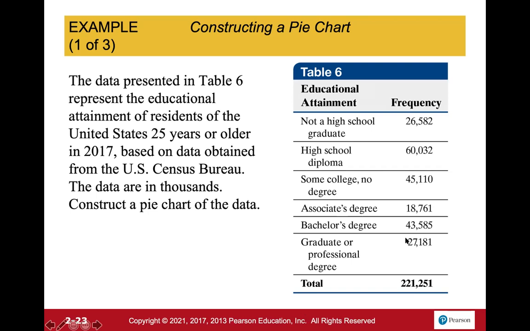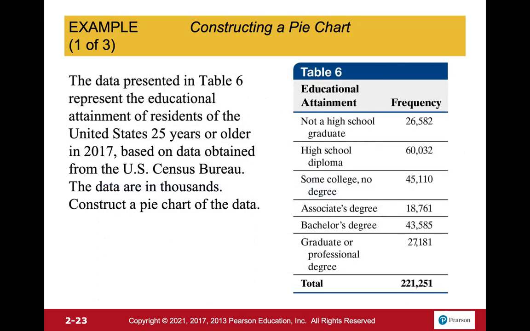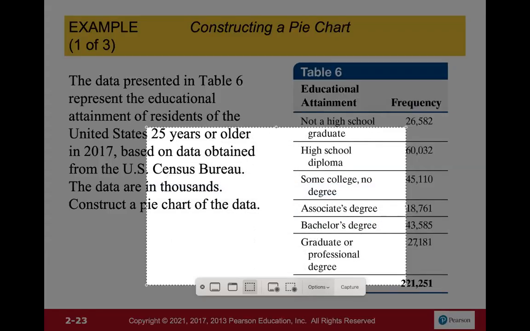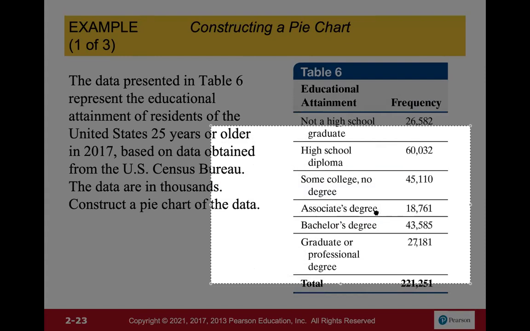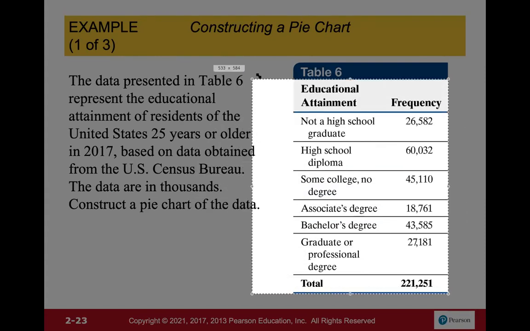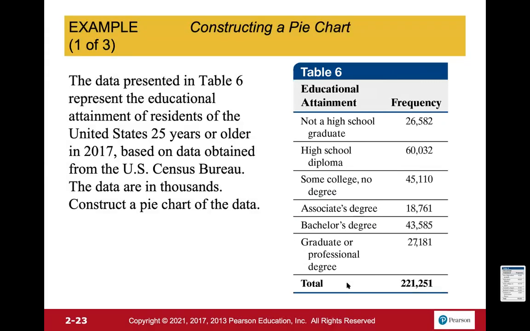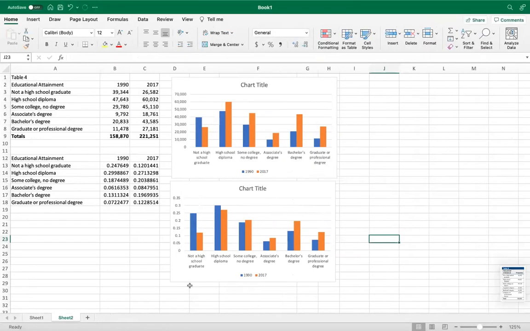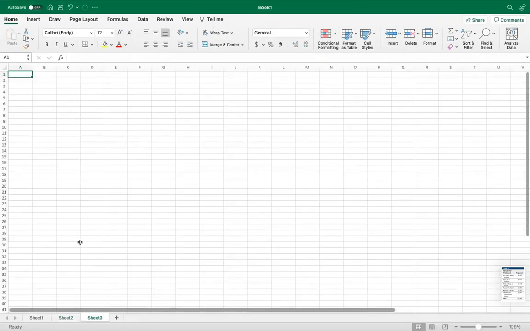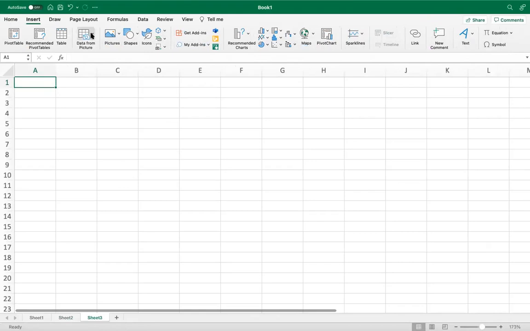Just like we have been doing, we're going to take a snapshot of this. So for me, it's Command-Shift-5, not Control, sorry. Let's capture that. Bring it over to Excel. Let's get a new page. And from here, we're going to insert that table, take it from a file.